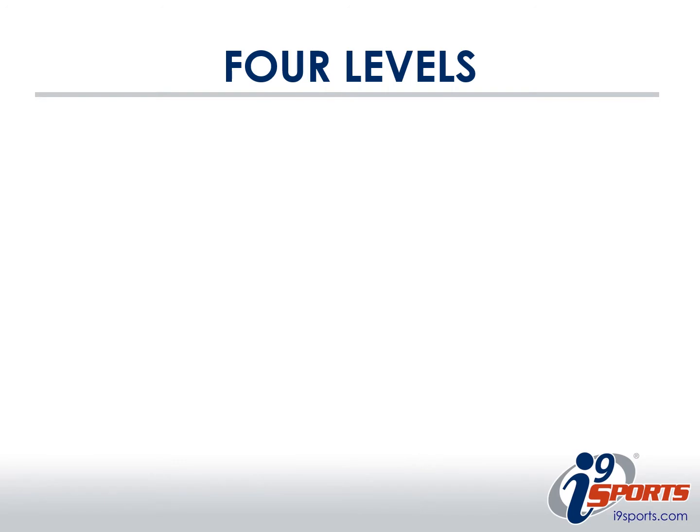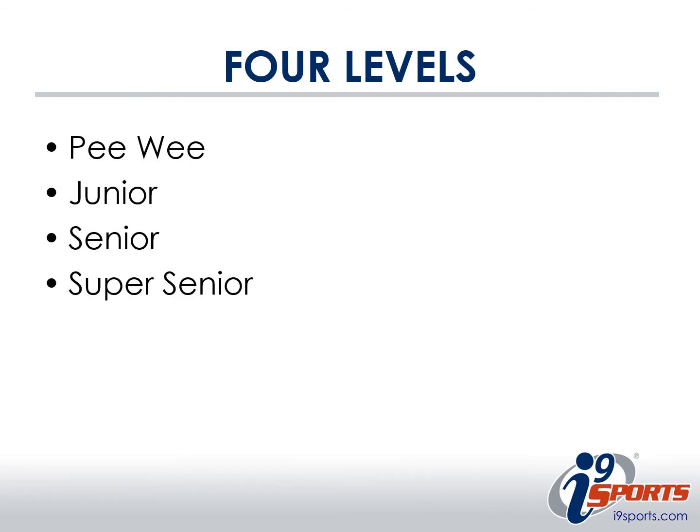So with our league, we have 4 different levels. We have Pee Wee, which are the youngest kids, juniors, seniors, and super seniors, which are our oldest group. The rules are slightly different for each level based on what we find is age appropriate, and each has a few variations, which I will point out when it is relevant.